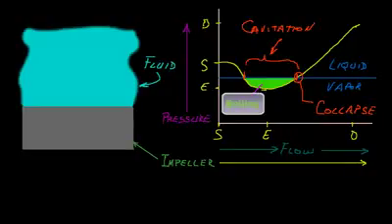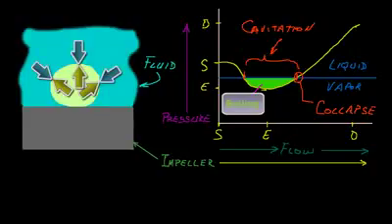Returning now to our earlier illustration, similar to the collapsing balloon that we just saw, as the pressure of the fluid increases during the pumping cycle, at some point the vapor pressure inside the gas bubble is unable to support the external fluid pressure of the surrounding liquid.